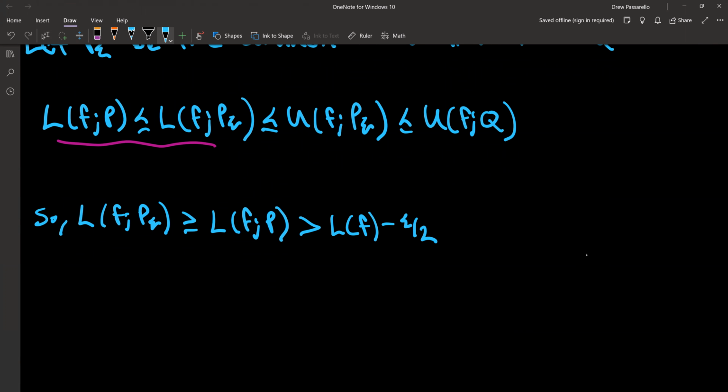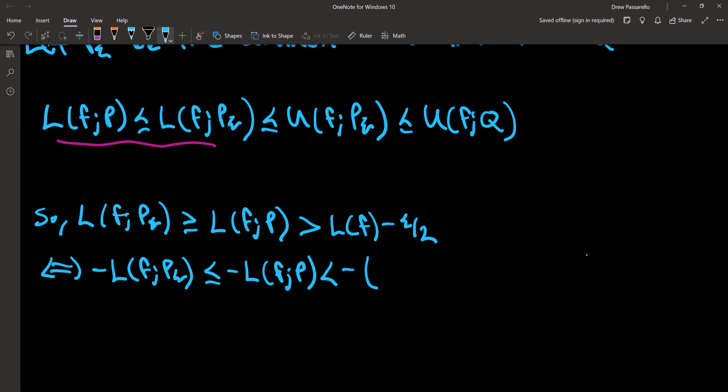Well, that's true if and only if we negate everything, multiply by negative: negative L of P of epsilon is less than or equal to negative L of f of P, which is less than negative times L of f minus epsilon over 2.